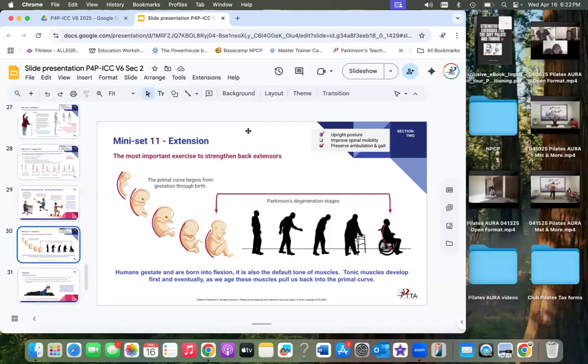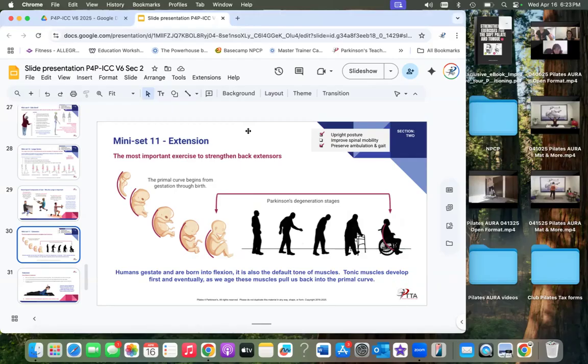You have no dopamine to facilitate better movement and muscle activity. So things start to decline, and the decline is flexion. The decline is flexion predominantly because the start is flexion. When we are gestating in our mother's womb, the natural position is flexion, right? So we call this the primal curve.